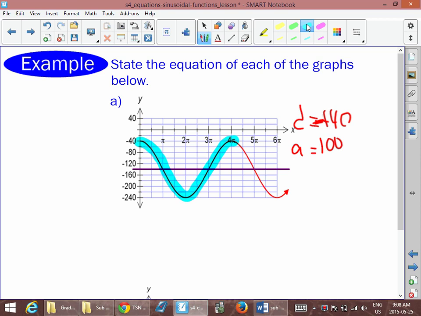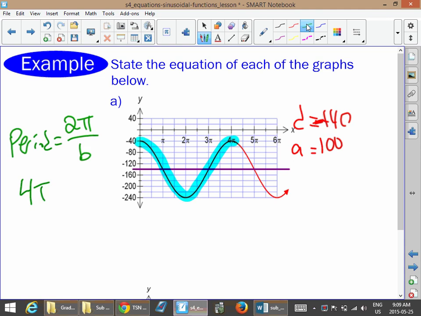But what I see here is that it goes through one full period at 4 pi. So I have to use that formula. That period equals 2 pi over b. The period's 4 pi. We don't know the b value, but we can figure it out. So b is going to be 2 pi over 4 pi.